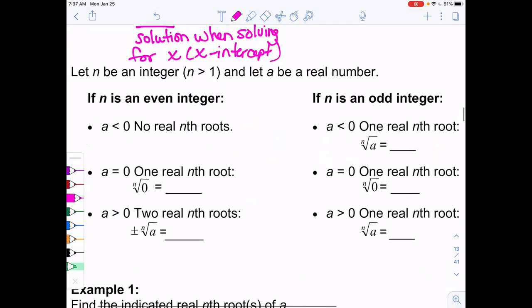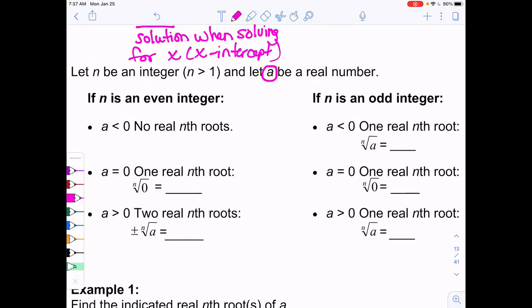that talks about having an even root versus an odd root, or the index being even versus the index being odd. So remember, n is the index. It says let n be an integer greater than 1, and let a be a real number.